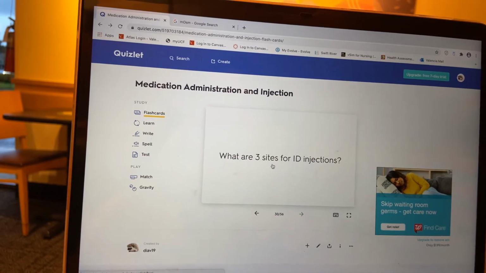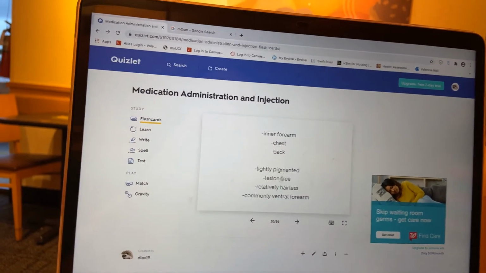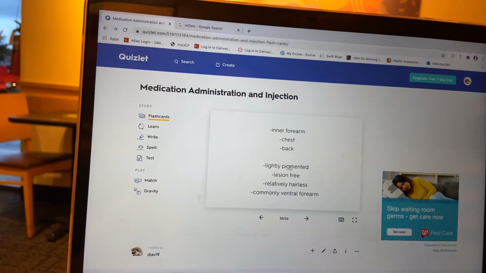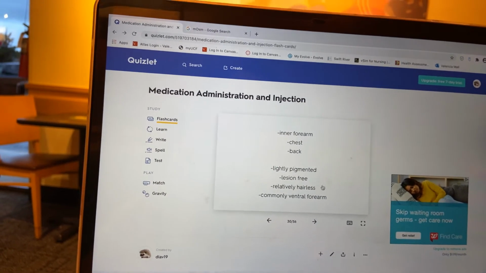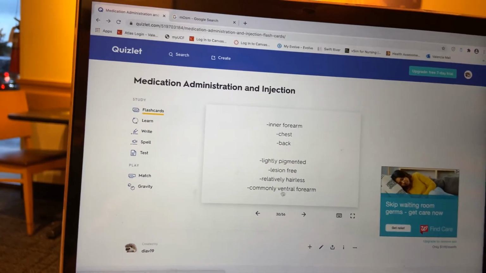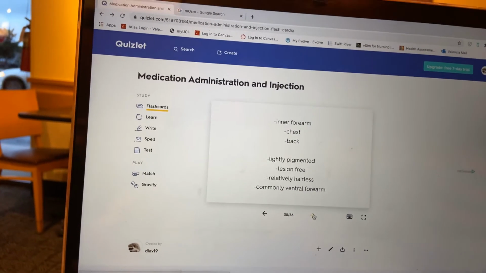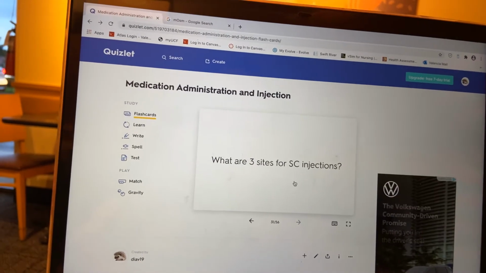What are three sites for intradermal injections? The inner forearm, chest, or back. These areas are lightly pigmented, lesion-free, relatively hairless, and commonly the ventral forearm. What are three sites for subcutaneous injections?